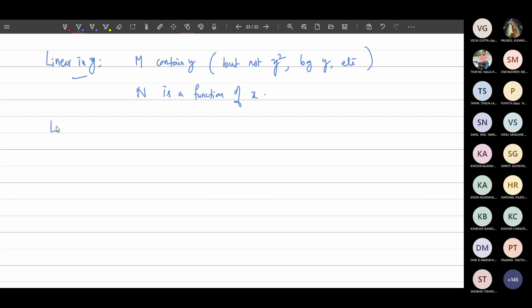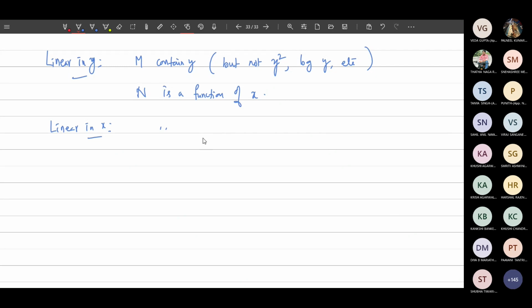And similarly, if you take the dual of this, you can easily identify what is linear in x. In a similar way, N contains x but not x square or log x or something like that, and then M is a function of y alone. So I'm not writing it again here.